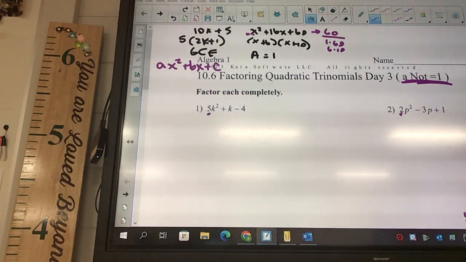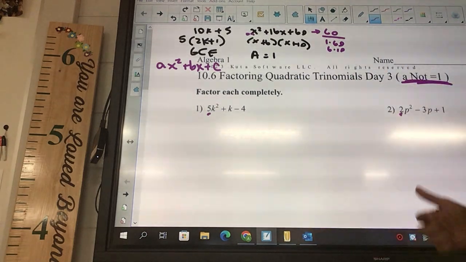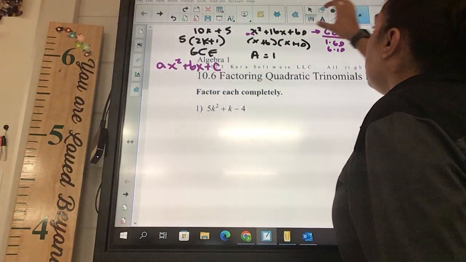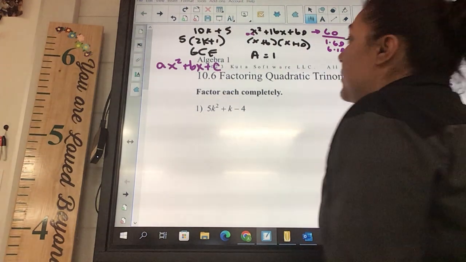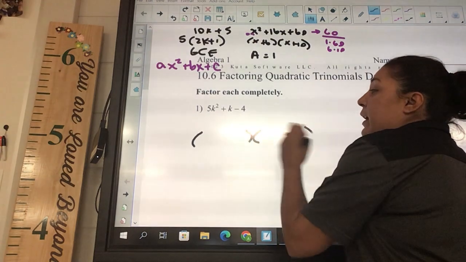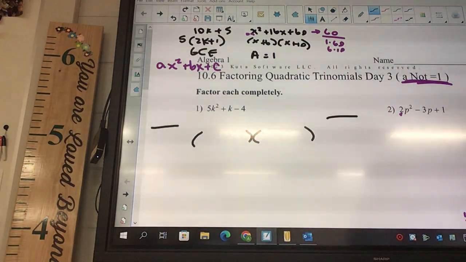The first one I'm going to do very, very slowly. After that, we'll start picking up the pace a little bit, and I'll show you some shortcut ways. So our very first step is going to be to draw two parentheses. I'm leaving some room here, and I'm leaving some room on this side.